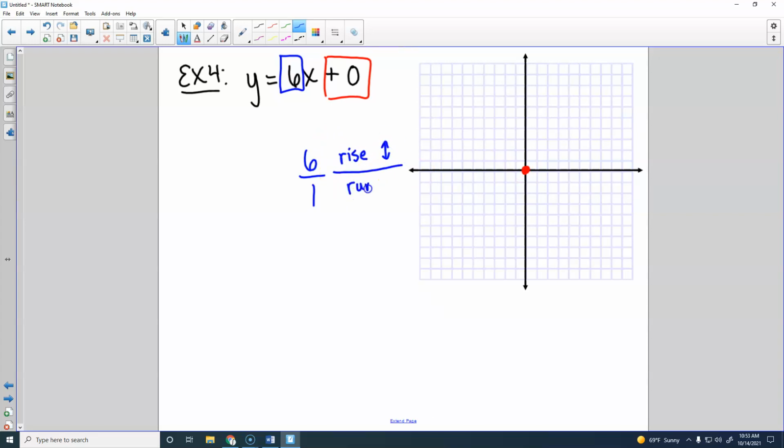Bottom is run, which is left or right. So the 6 has to go up. 1, 2, 3, 4, 5, 6. What do I do from here? Not right here. I got to go to the right 1. Okay? I could also go down 6 to the left 1 to get that line. Like that. So always top number tells you how much to go up or down. Bottom number tells you left or right.